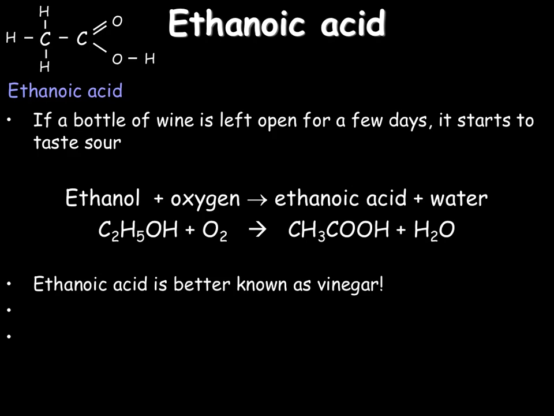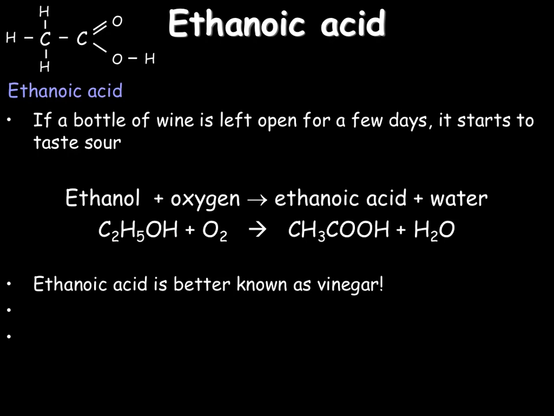Ethanoic acid is better known as vinegar, hence why the wine, which previously contained ethanol, is now turned into vinegar containing ethanoic acid and so tastes sour. This means that this reaction is an oxidation reaction due to the addition of oxygen to the ethanol.